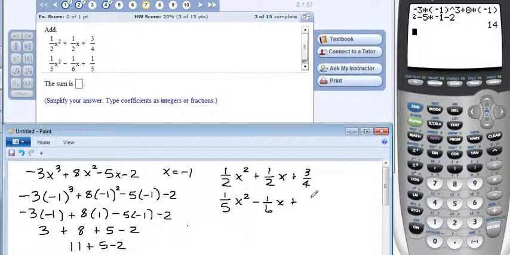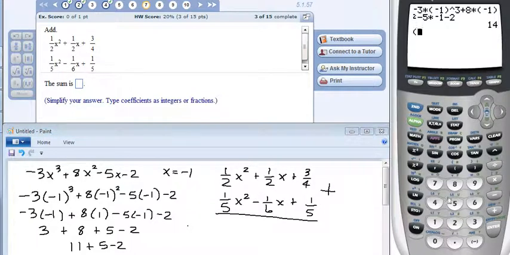Oops, I'm adding, right? Since I've stacked my like terms, I've got my x squareds here, my x's here, and my numbers here. If it was all goofed up and in a different order, you'd want to stack them. And all I'm going to do is add my coefficients.